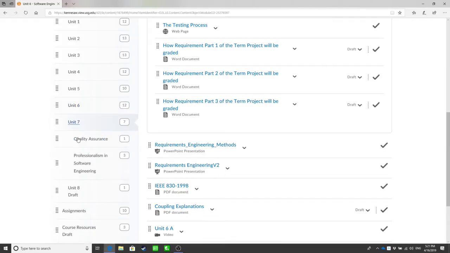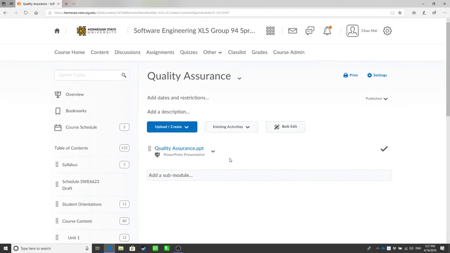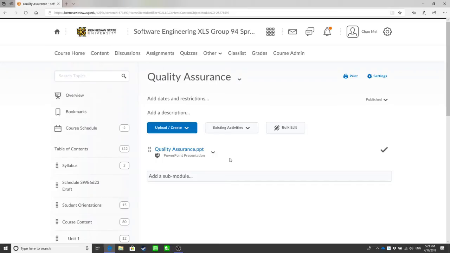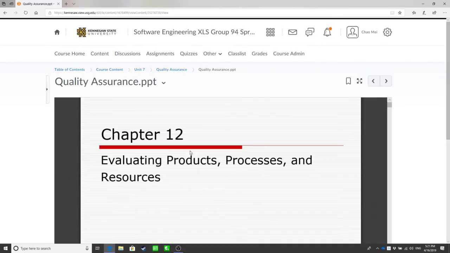Okay, so what we want to talk about today is something called quality assurance, QA. Sometimes I know some companies hire QA but merely for the testing job. They call it QA work, but actually QA has more content than testing.